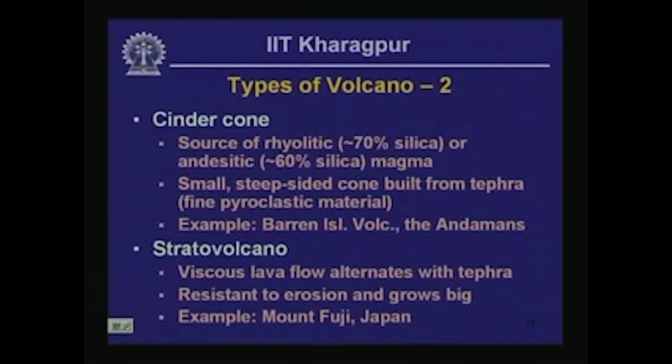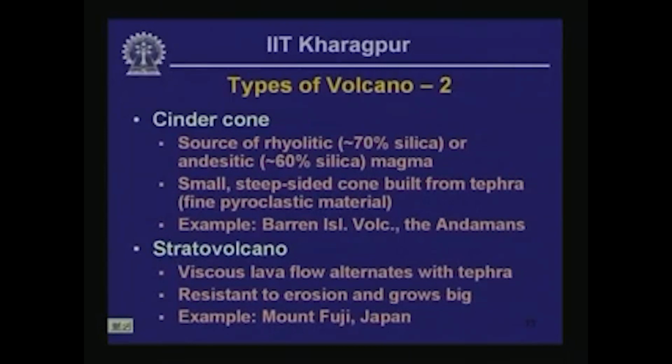The first one is the cinder cone. It is typically a small feature. It is a source of rhyolitic or andesitic magma. Rhyolitic magma has typically 70% silica content, and andesitic magma has typically 60% silica content.